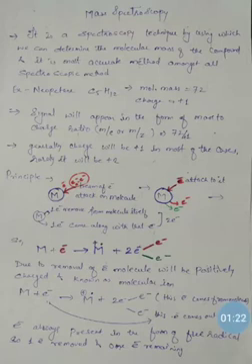Now we are going through the principle of mass spectroscopy. In principle, we will discuss why this charge is +1. So, what is the principle of mass spectroscopy?